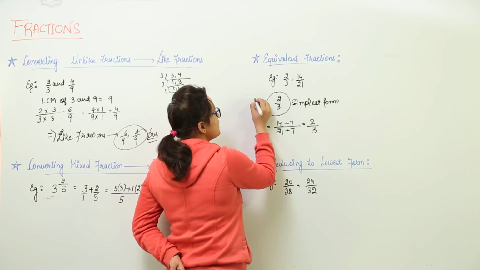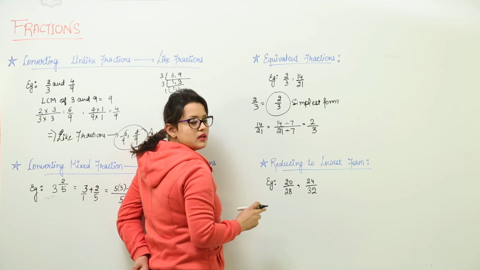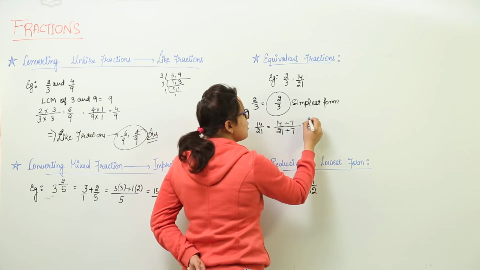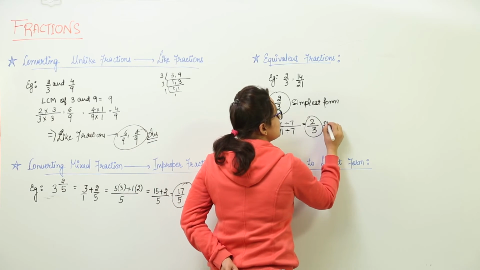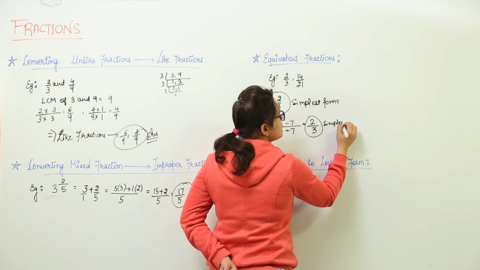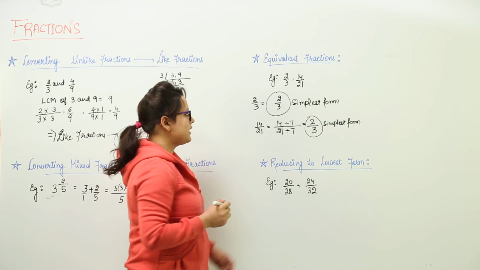So we can check that the simplest form of 2 by 3 was 2 by 3 only, whereas the simplest form for 14 over 21 is also 2 by 3. That means both my fractions have the same simplest form, right?